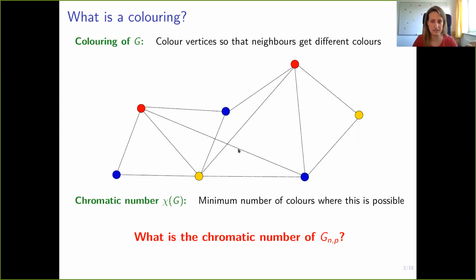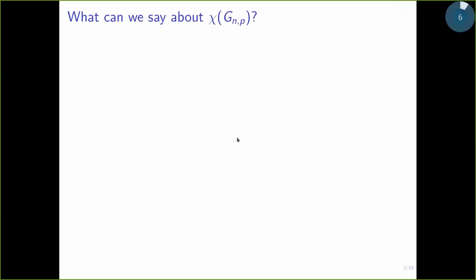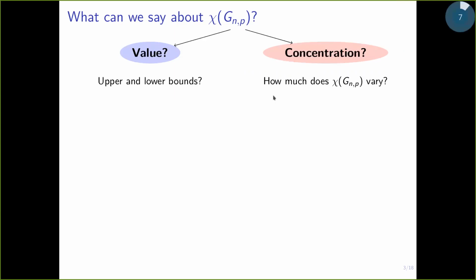So what can we say about the chromatic number of G(n,p)? Of course, the chromatic number of G(n,p) is a random variable because the graph is generated randomly. There are two main directions of research concerning it.